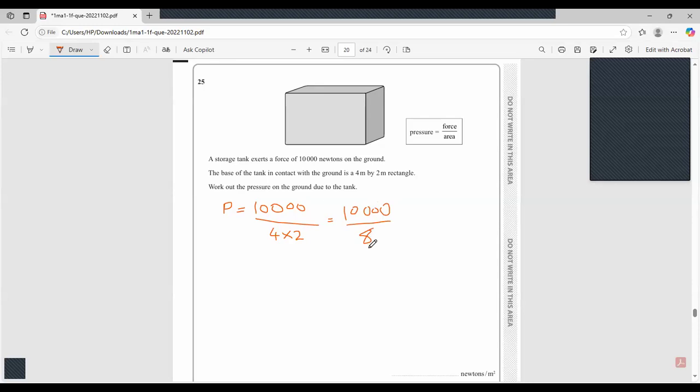Now, to avoid wasting time, you can say 8 into itself, 1. Now, please just follow me. 8 into 10. How many times will 8 go into 10? 1, isn't it? Yes. Do you agree with that? Sorry, that 2 didn't show up well.